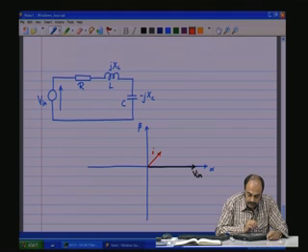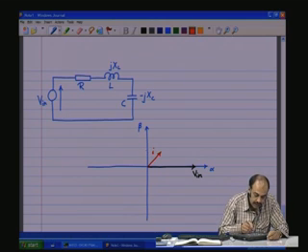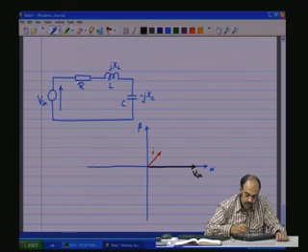So, now to apply Kirchhoff's voltage law, how do the currents look? Using this current, how will the voltages look? We have the current, which means the voltage across R is going to be in phase along this line.